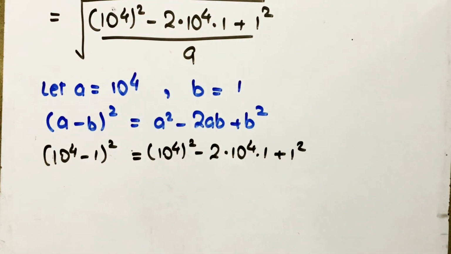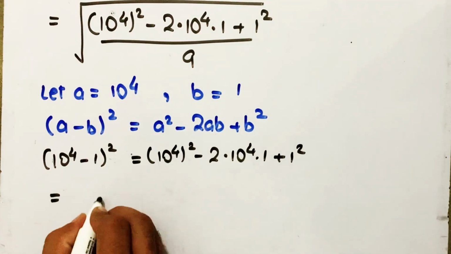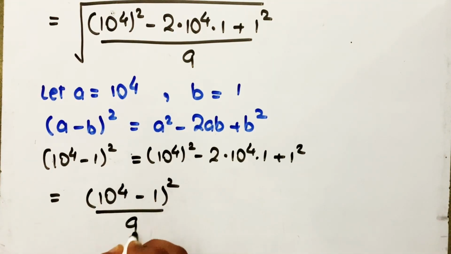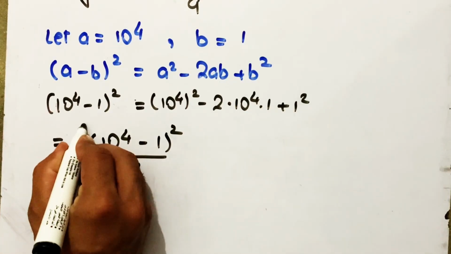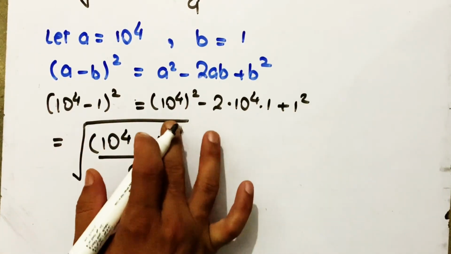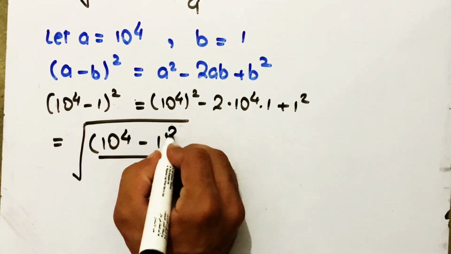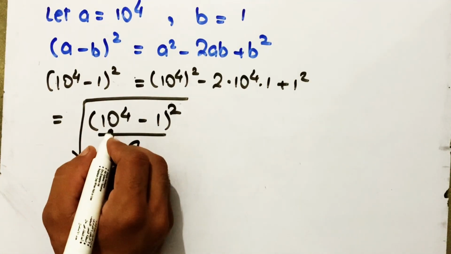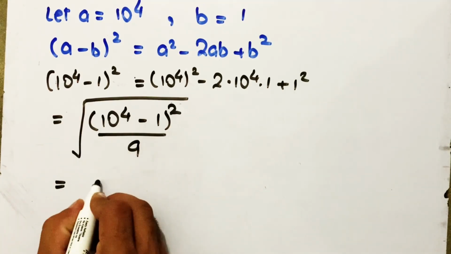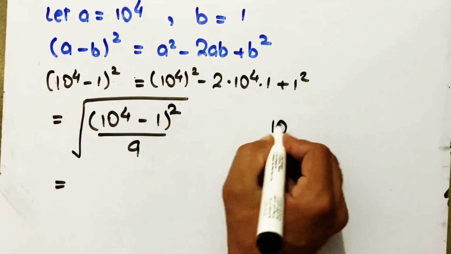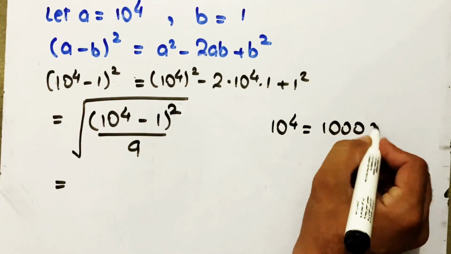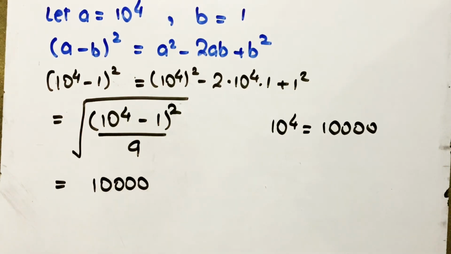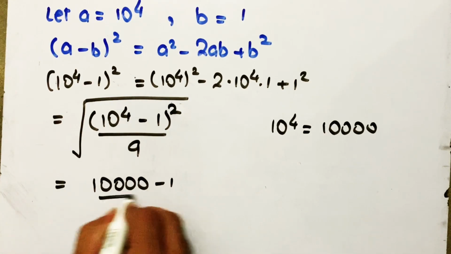Now put it in the main equation. Our main equation becomes 10 to the power 4 minus 1 whole squared divided by 9, square root. 10 to the power 4 is 1 followed by 4 zeros, minus 1, divided by 9.